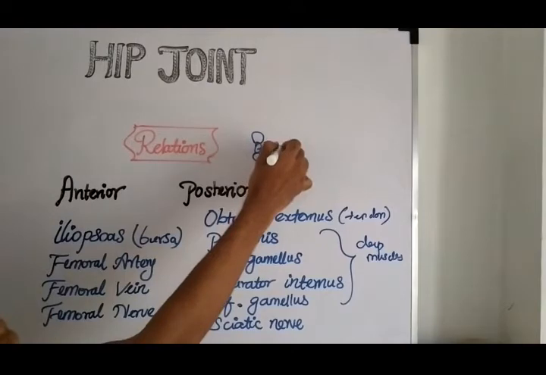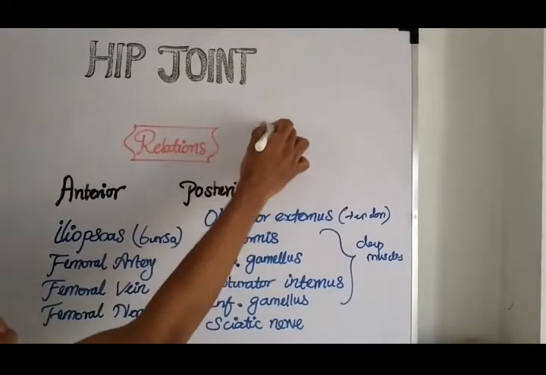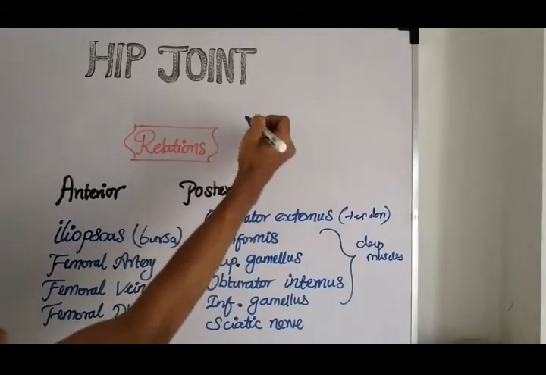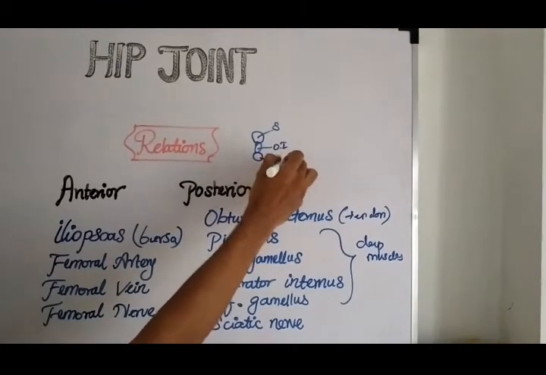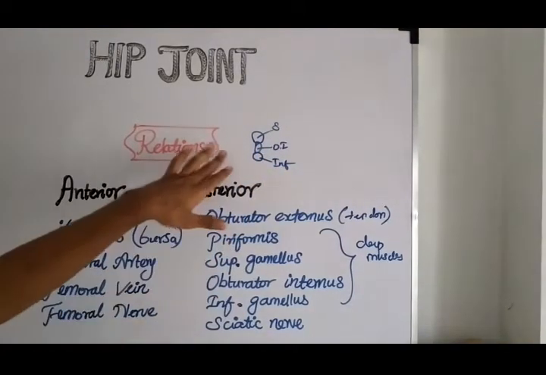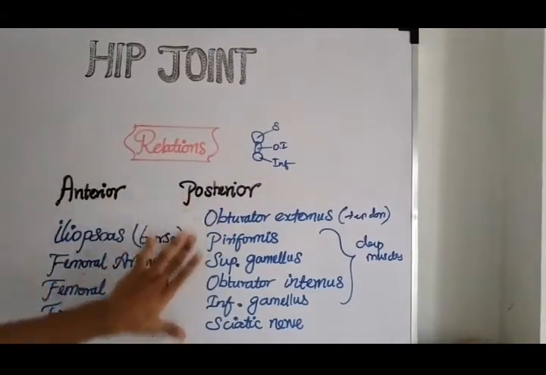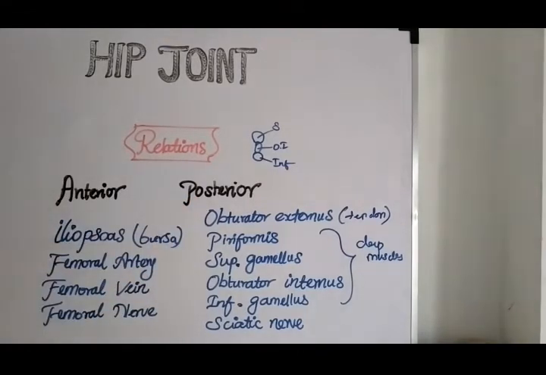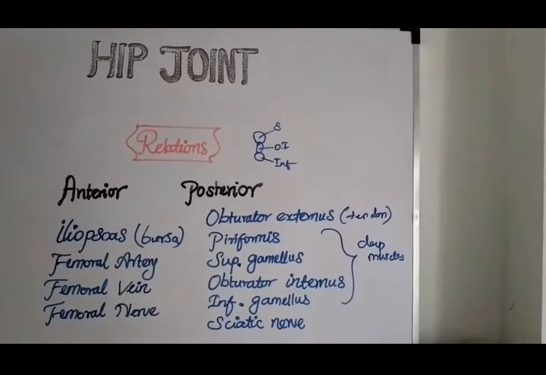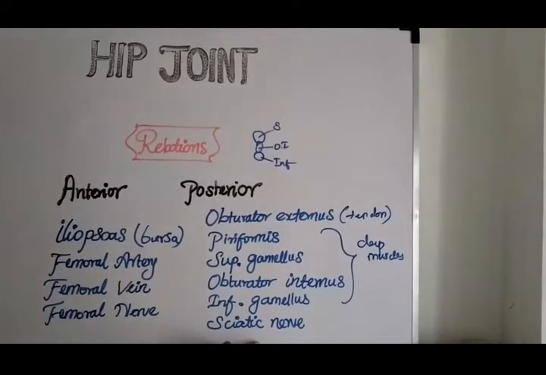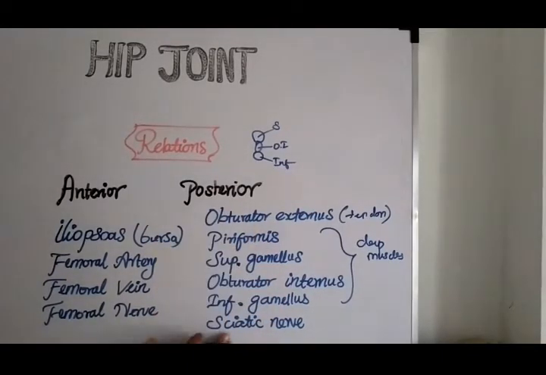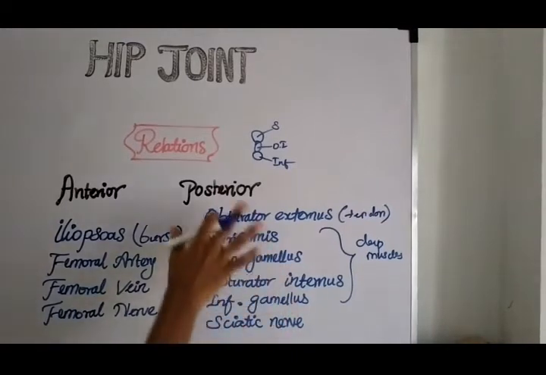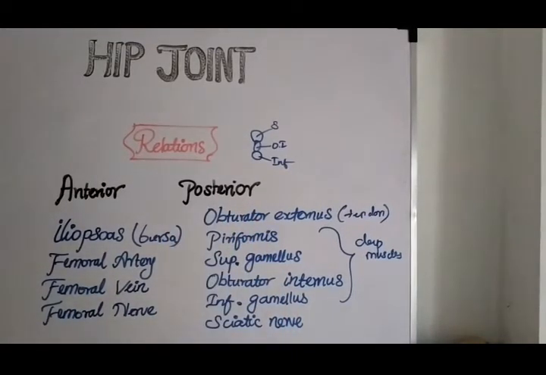This middle one is the obturator internus, above it is superior gemellus muscle and inferior gemellus muscle. So these are the structures present behind the hip joint. And one of the large and important nerves of the lower limb, which is the sciatic nerve, is also present behind the hip joint.